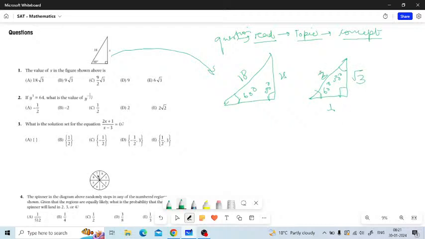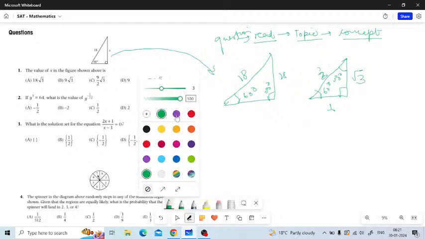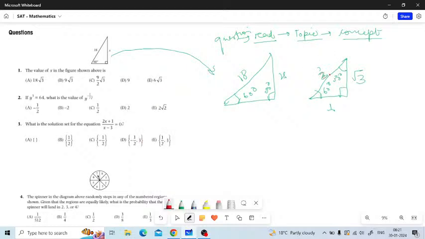Now if 2 becomes 18, let me use a different color. If 2 becomes 18, use simple intuition, simple logic right here. If this 2 becomes 18, what will happen?